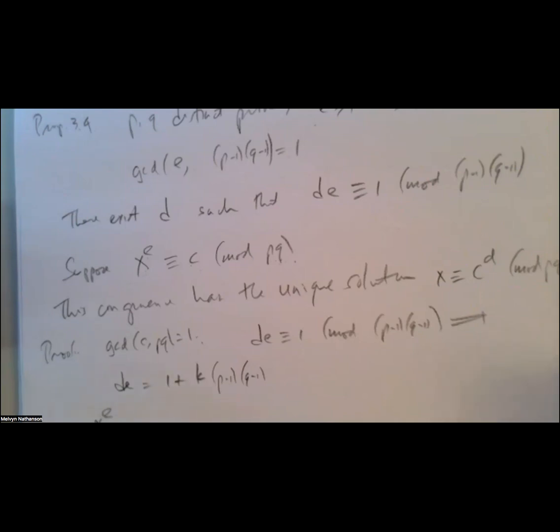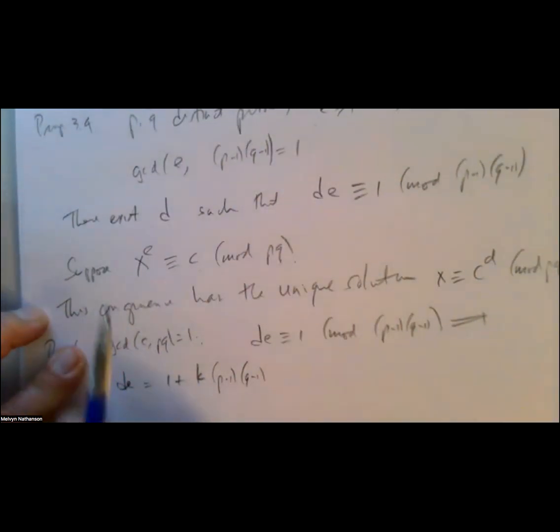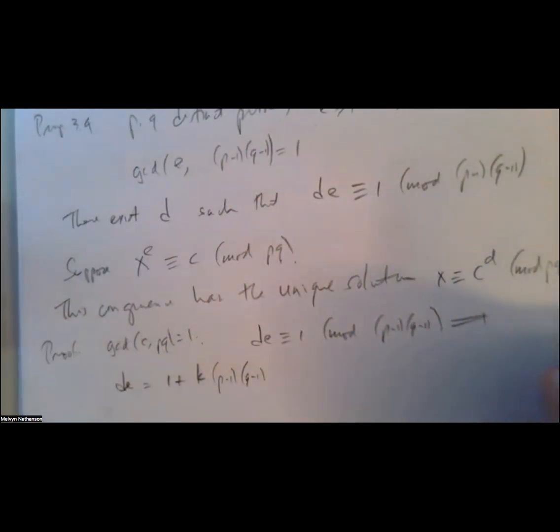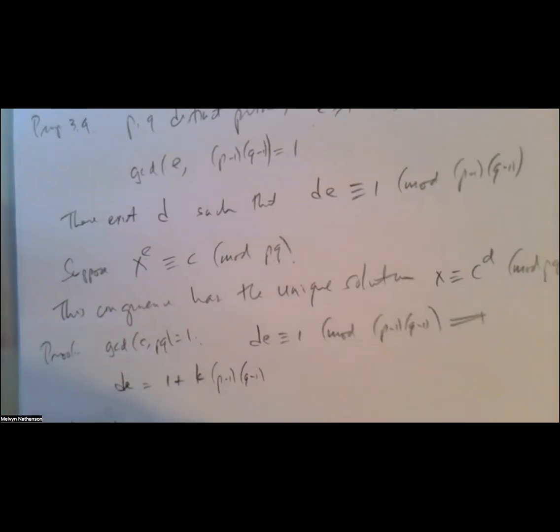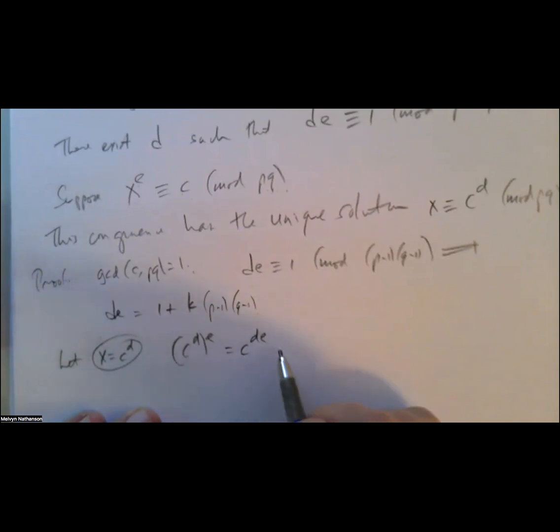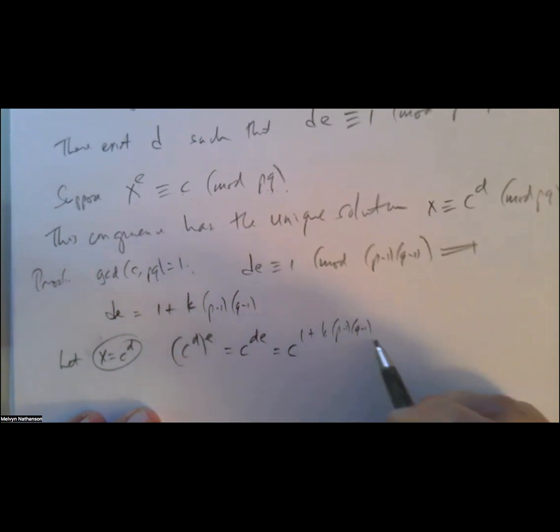So if I take x equals c to the d, c to the d to the e is c to the de is c to the 1 plus k p minus 1 q minus 1, which is c times c to the k p minus 1 q minus 1.